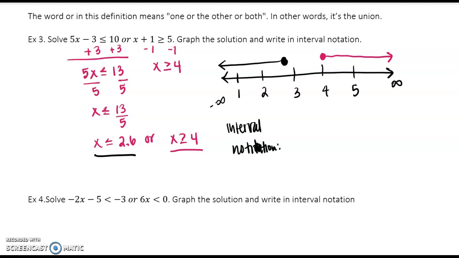Remember, we always start on the left for interval notation. From negative infinity, and then it stops at 2.6 with the bracket, but then there's a space in between. So we say u for the union, and then it starts at 4 to infinity.